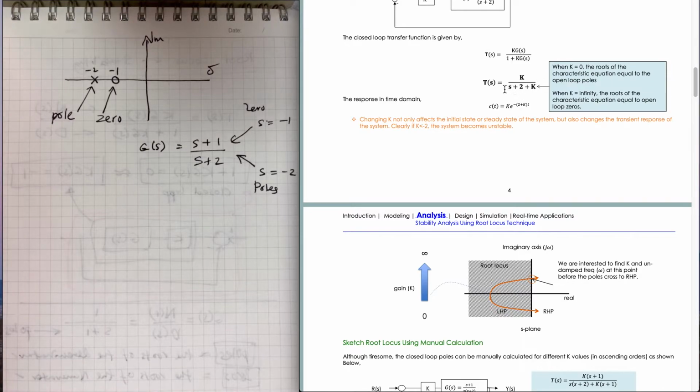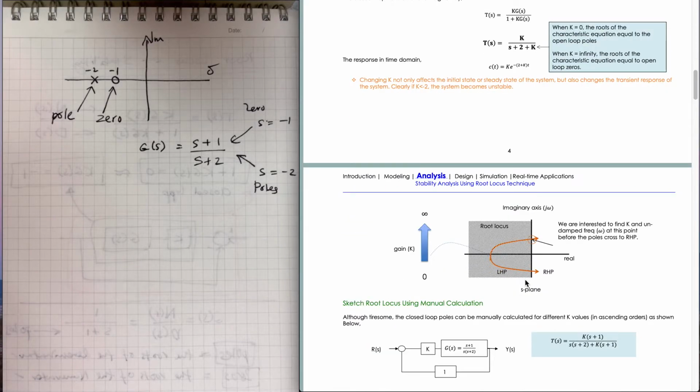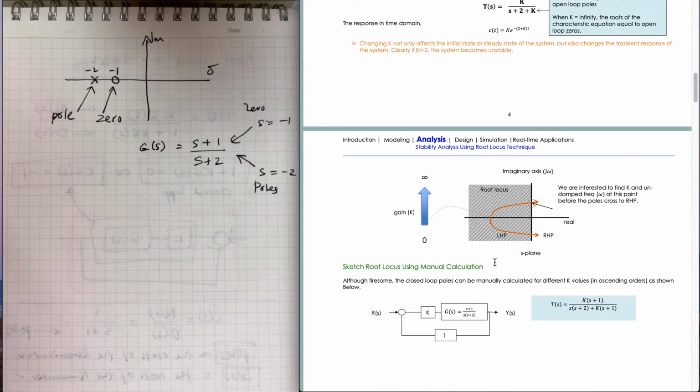So we need to be able to see the root locus, the directions of the roots as K increases. We are not going to test one by one, but we need to be able to predict the directions.